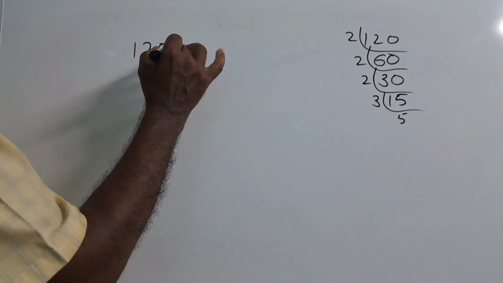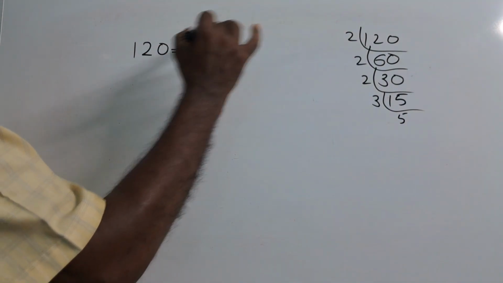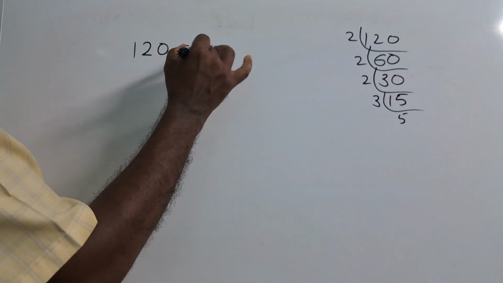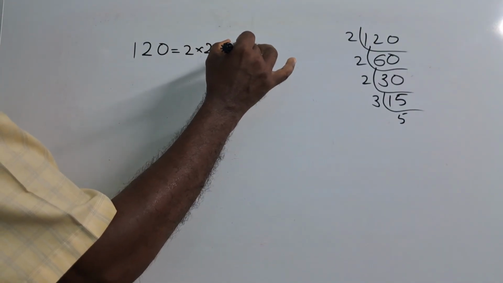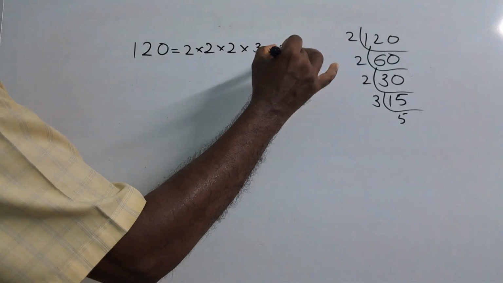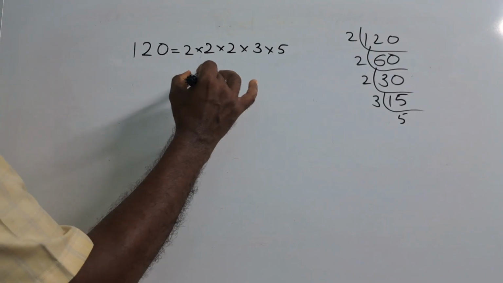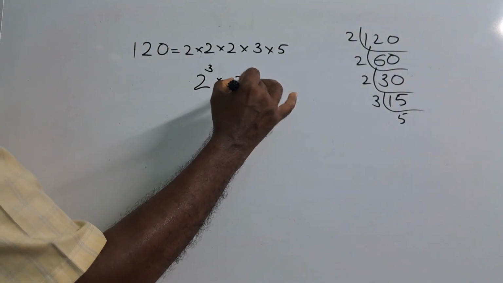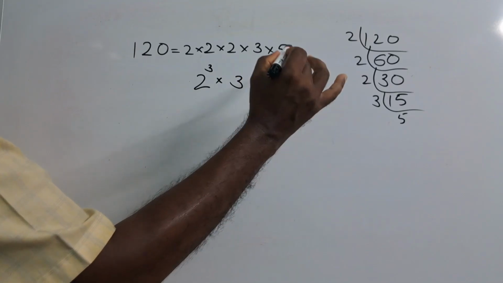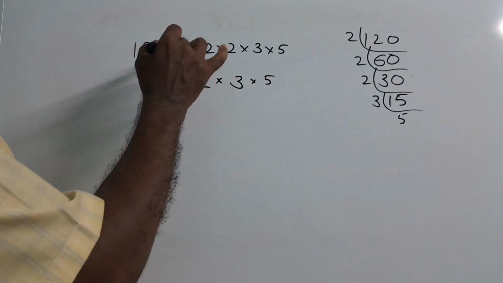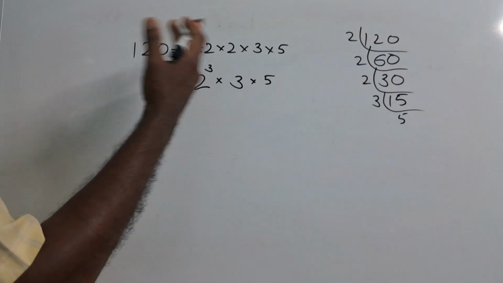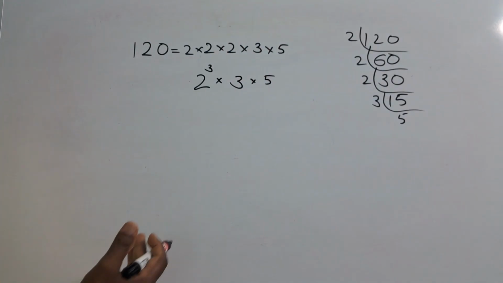Therefore, 120 can be expressed as the product of prime numbers 2 into 2 into 2 into 3 into 5, or 2 raised to 3 into 3 into 5. This factorization is unique, and there may be a difference in the order in which the primes appear.